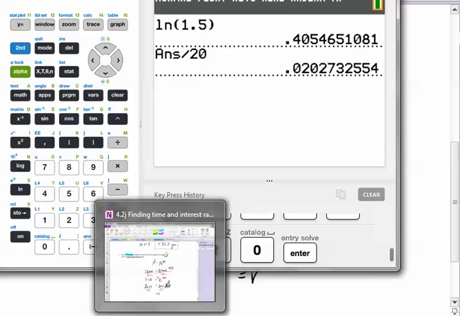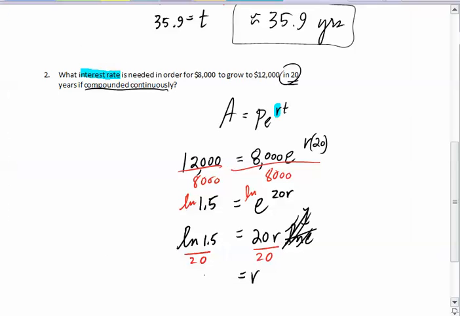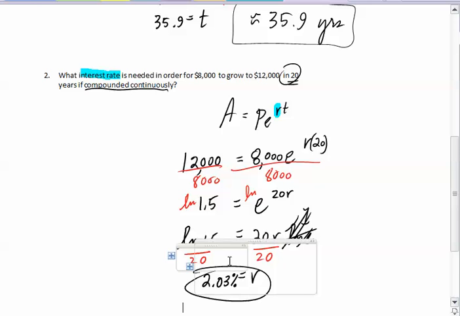Now you're thinking, hey, there's something wrong. When we were looking for time, it needed to be a large number. This time, we're looking for interest rate, so really, that's bring the decimal over twice. So it's 2.03-ish percent. That's what our interest rate needs to be for us to accomplish our goal.